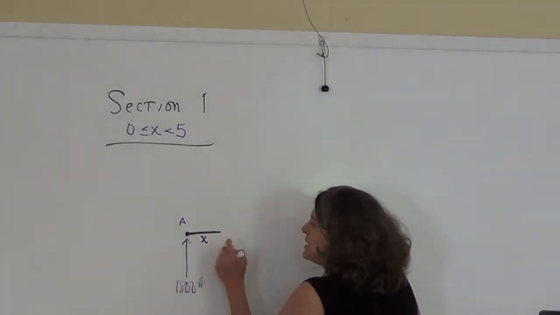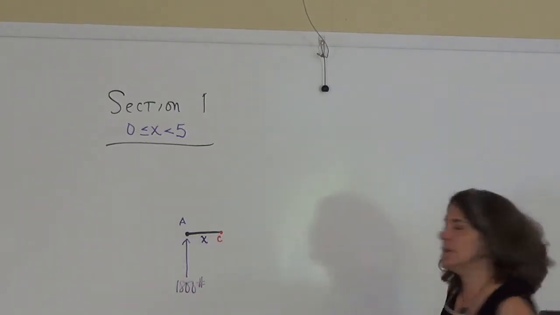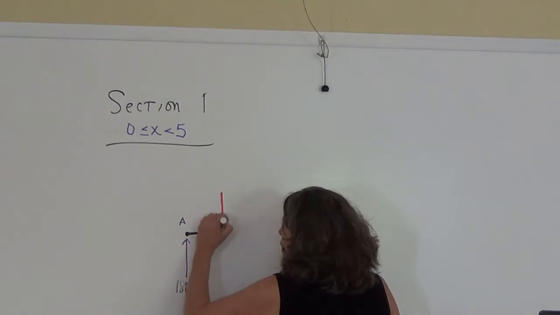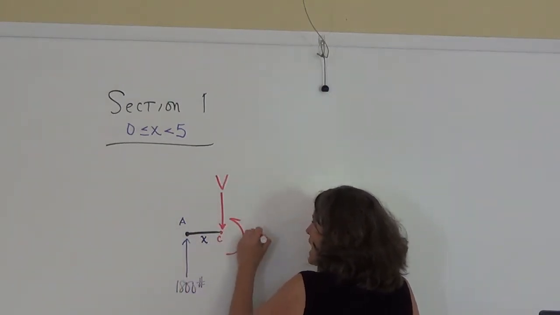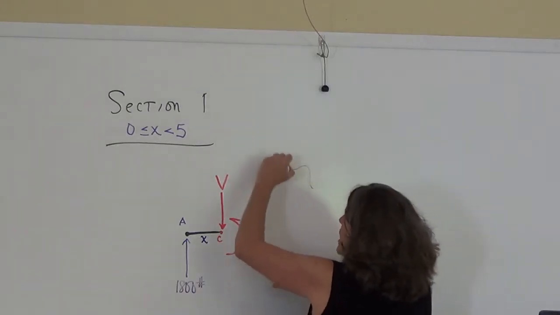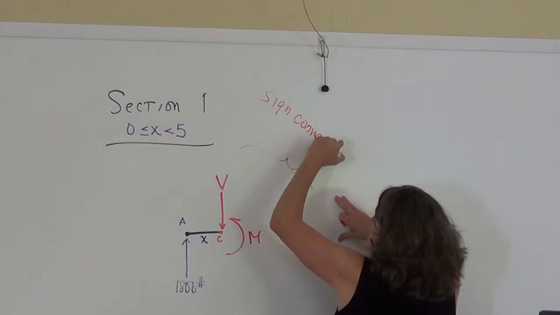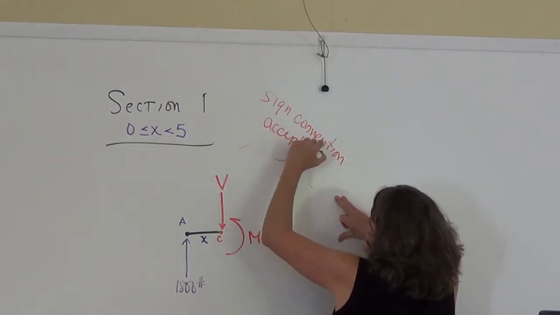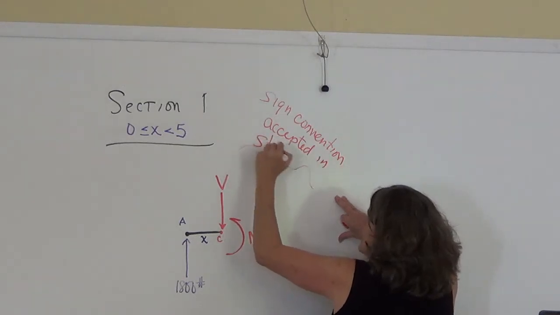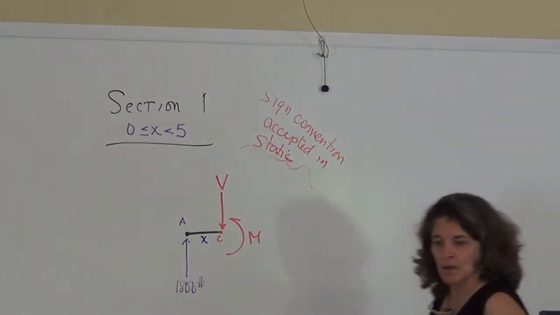And right here, I'm going to call this point C for the cut. That's where I'm cutting it. I am applying an arbitrary V and a moment like this, and this is the sign convention accepted in statics. Okay.